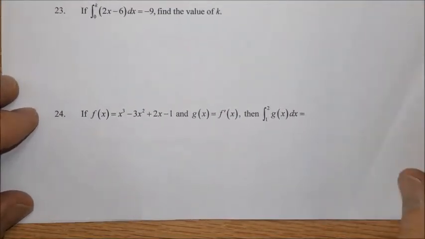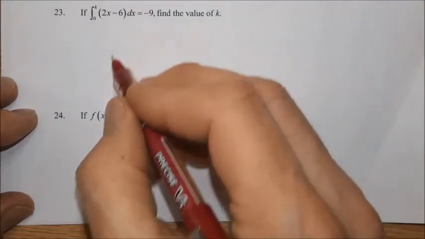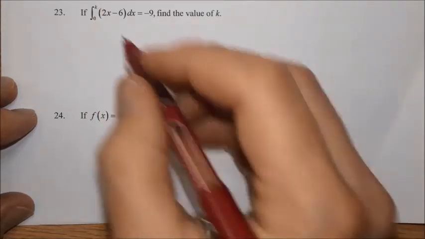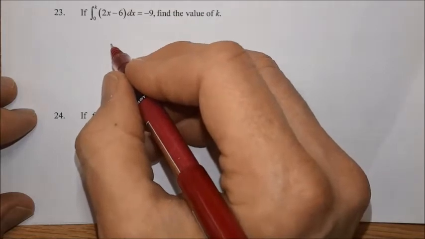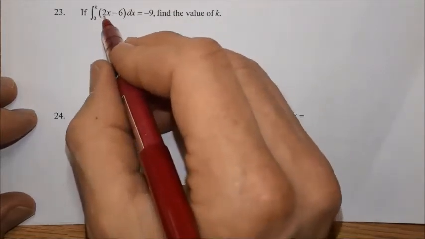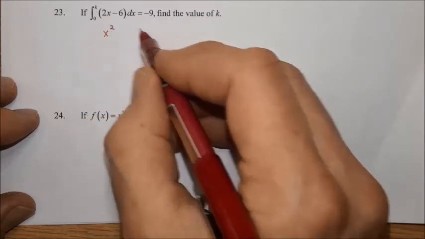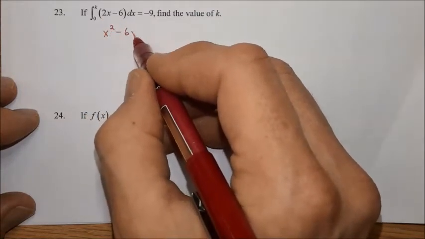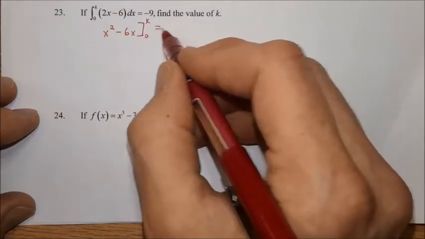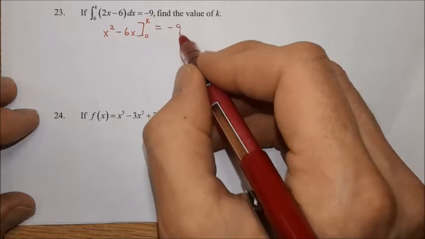With number 23, similar idea, trying to find k, but again, this time k is in our bound. Okay, well, we're still following the same pattern we've done everywhere else. We're using the fundamental theorem of calculus. 2x, antiderivative is x squared. 6's antiderivative is 6x. That's being evaluated from 0 to k and is equal to negative 9.